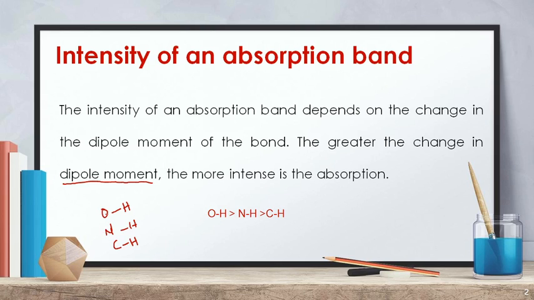Oxygen has the most electronegativity, so the electronegativity difference between the two atoms will be more for the OH bond. So the dipole moment is also more for the OH bond. Whenever you apply IR radiation onto the bond, the change in the dipole moment will also be more for OH.